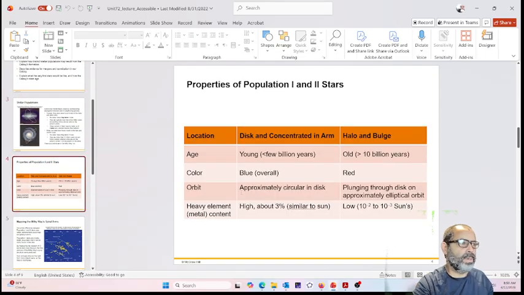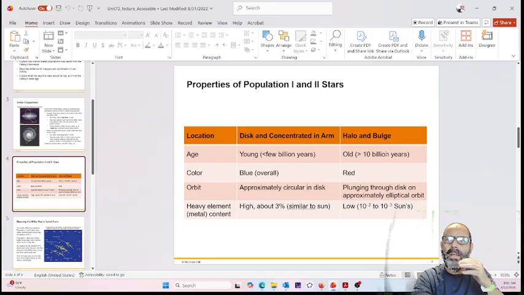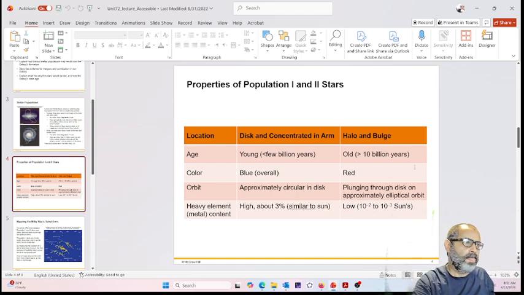So here is a table. In terms of age, population 1 stars are a lot younger, okay? And they are mainly in the arms of the galaxy, versus the population 2 stars that exist in the halo, in the entire structure of the galaxy.